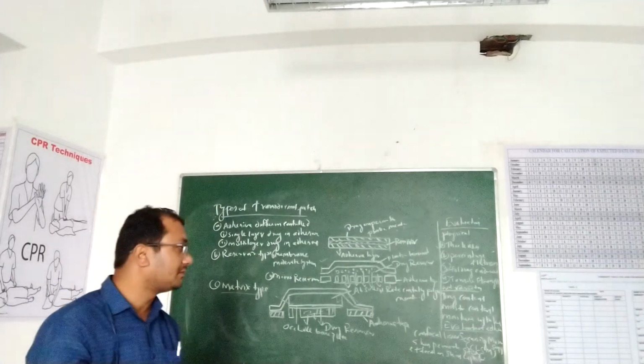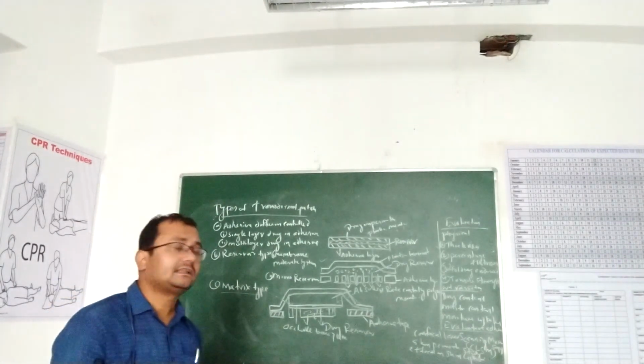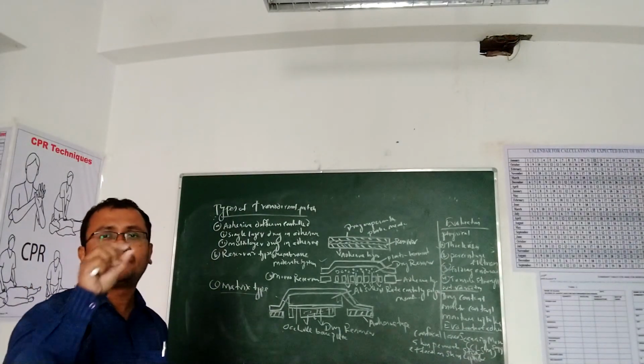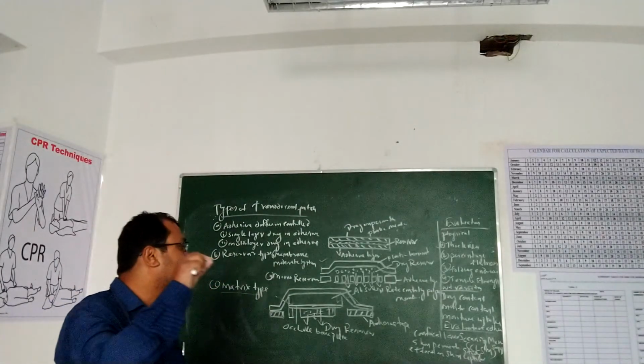The Franz diffusion cell is also popularly used for transdermal patches. It is a small apparatus by which we can determine the permeation of drugs.